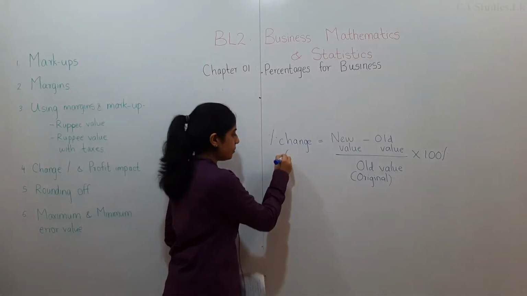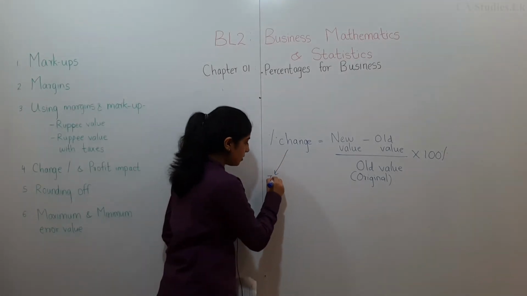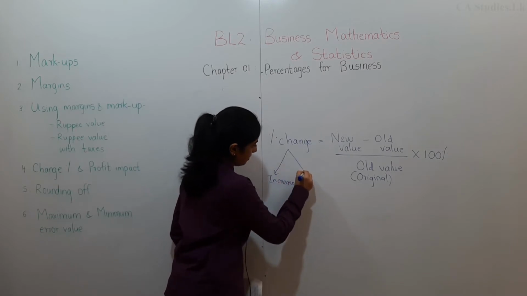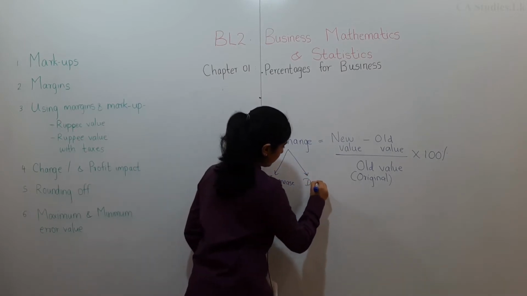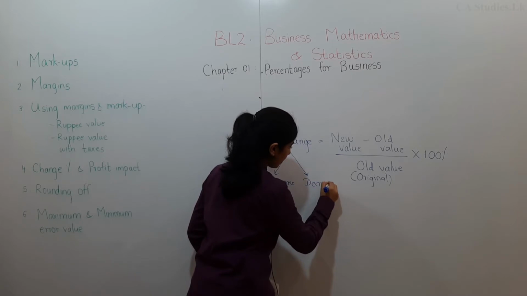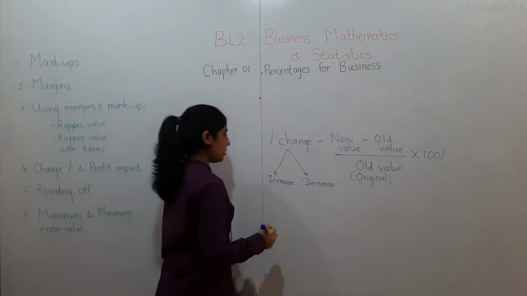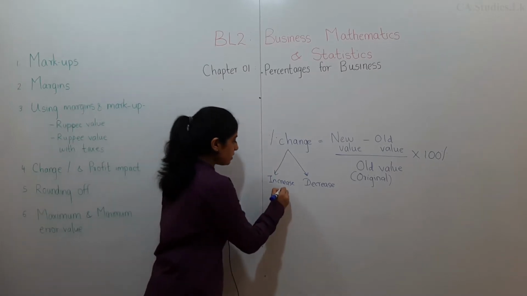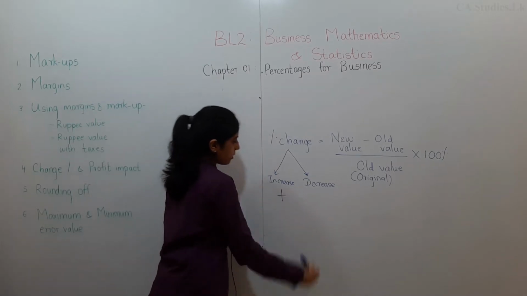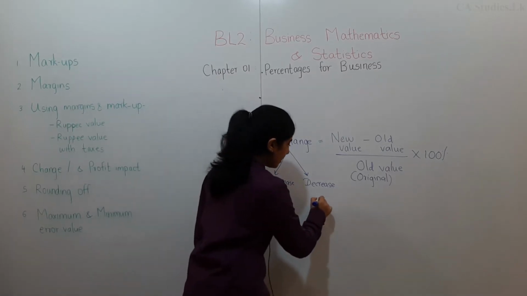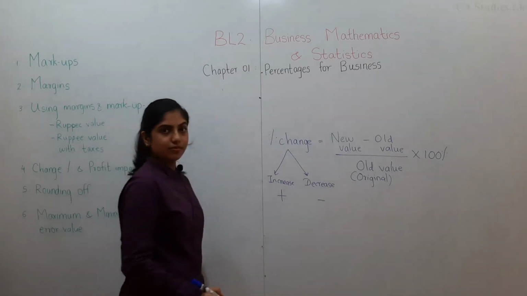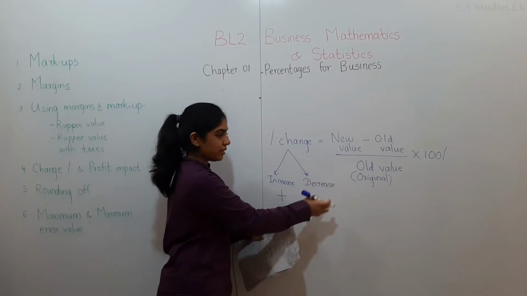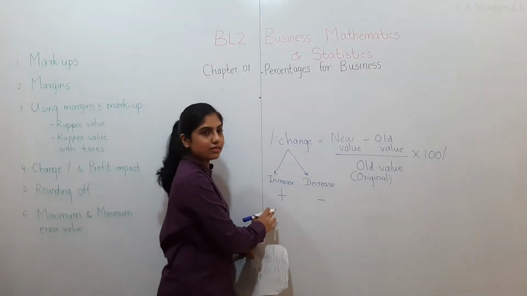A change can be increase or decrease. And just remember, increase is always in plus. Decrease is always indicated by minus. Now let's see how the formula will give us the minus or the plus.